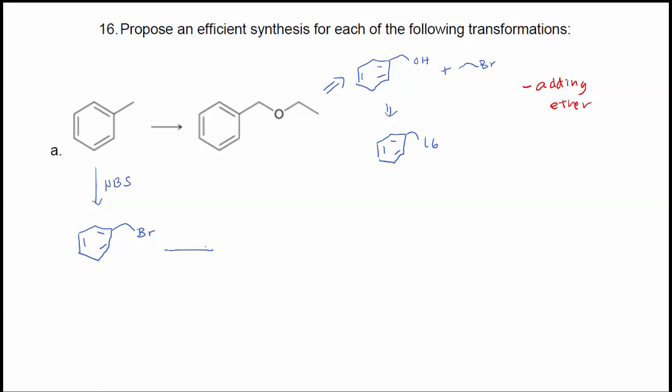And you can do this via an SN1 or an SN2 reaction. So sodium hydroxide works okay, or you could use acid and water. Because that goes through the benzylic carbocation, that one is perfectly fine.